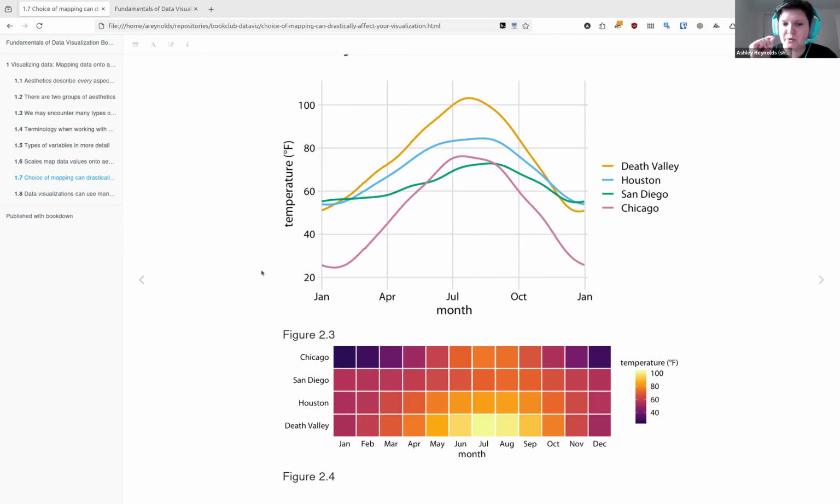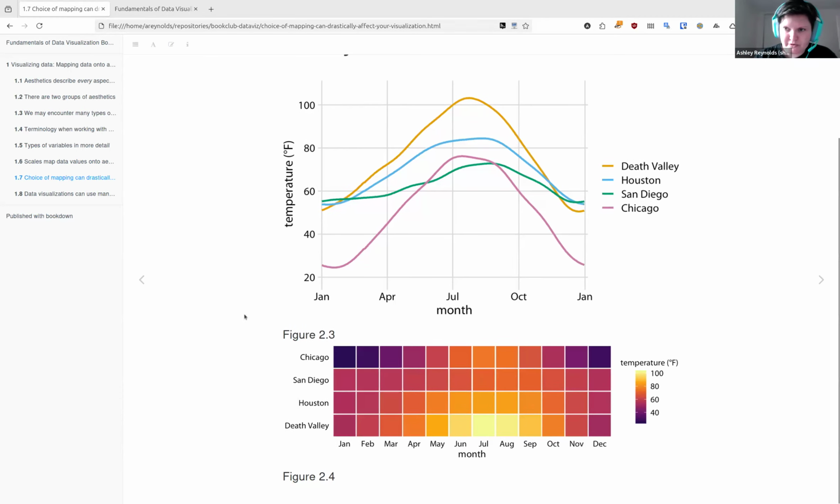On the bottom, I can clearly see that Chicago is a lot colder than all of the other locations in January. You can see that in the top graph as well, but let's say you were looking at something like March, you have to do a little bit of interpolation to know where the month of March lies on that continuous x-axis.